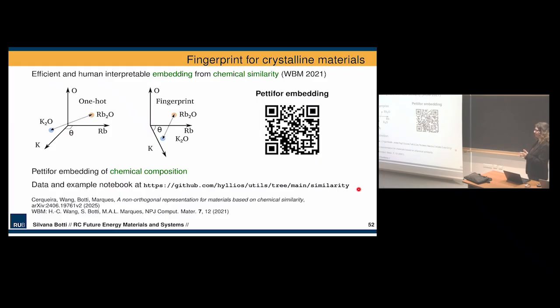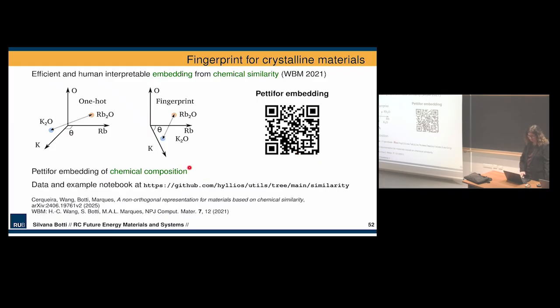It's much easier to solve an equation: you know what you are doing, you know what you get, and it's easy to interpret. But when the machine predicts something and you don't know exactly why, you feel a little bit bad about that. So our idea was to have a representation of the crystalline compound that was good for our interpretation and also useful directly as input in machine learning applications.